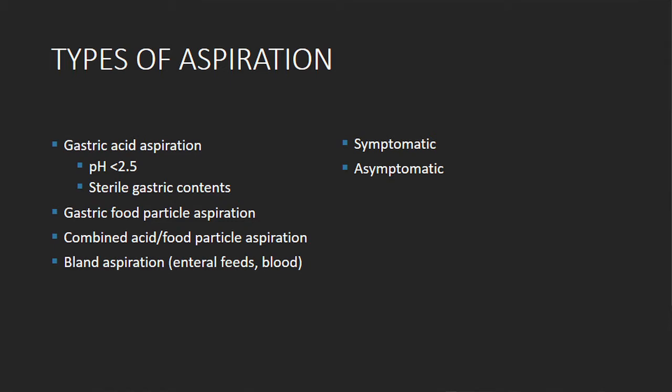There's combined gastric food particle and acid aspiration, which is kind of the worst type. And there's bland aspiration, which refers to enteral feeds or blood, especially with hematemesis or epistaxis. It can also be symptomatic or asymptomatic and indolent.